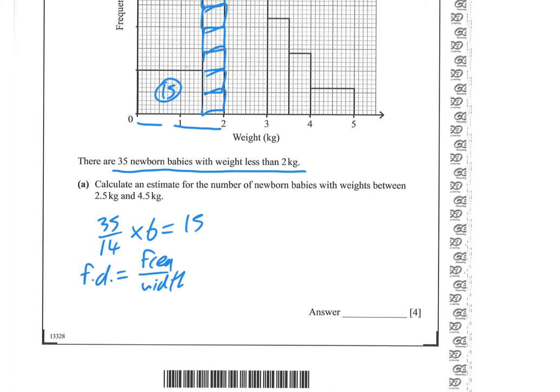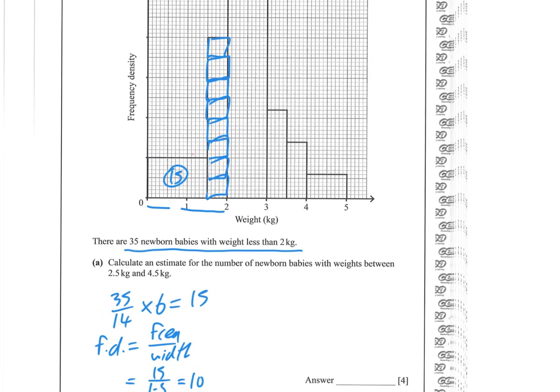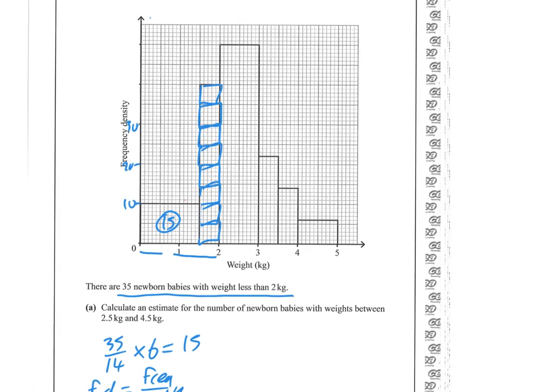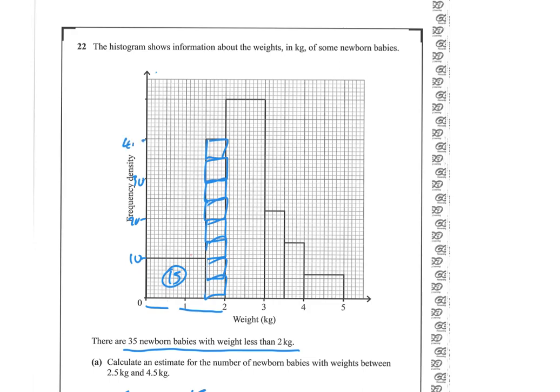The frequency we know is 15, and the width is 1.5. 15 divided by 1.5 gives you 10. So that means this is just 10. That would be 20, 30, 40, and 50, and I think that's as far as we need to go up.